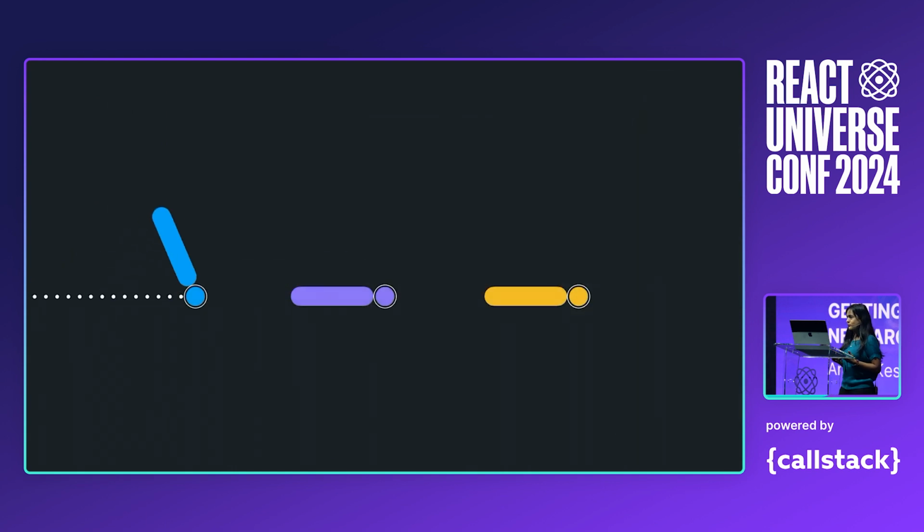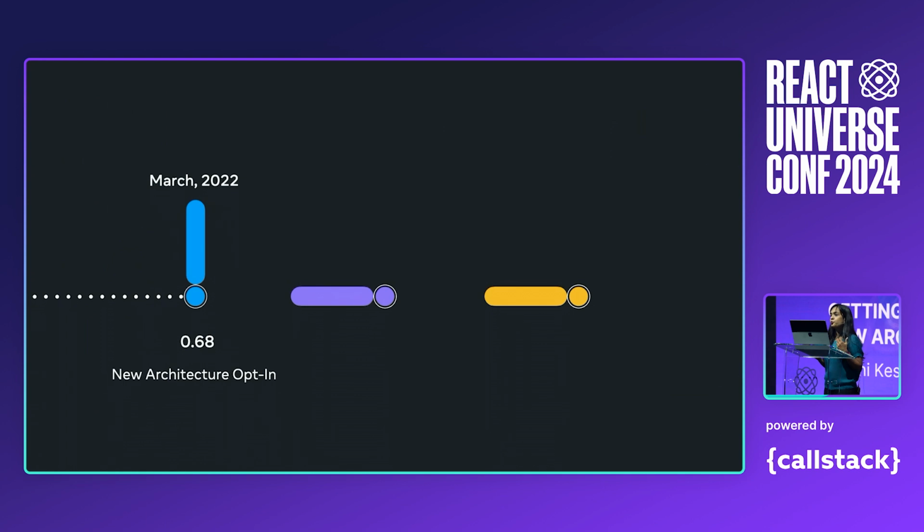We started small from internal in 2018 to first opening the usage of the new architecture in React Native 0.68 a couple of years ago. And at that time, it was in an experimental phase and behind an opt-in flag. Now, once folks started trying it out, we got the feedback that migrating to the new architecture, whether you are developing a library or an app developer, takes a lot of time and effort and a lot of code changes.